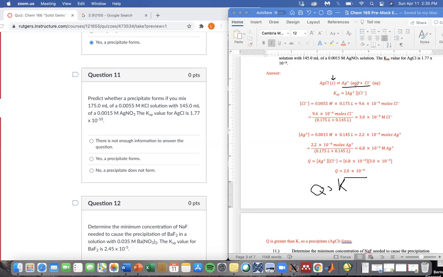The only way for the concentrations in your numerator to decrease is if you shift towards the reactants and form more of the reactants. So in this case, because Q is greater than K, we're going to shift towards the reactants, towards the AgCl solid, which is the precipitate. So the precipitate will form in this situation.